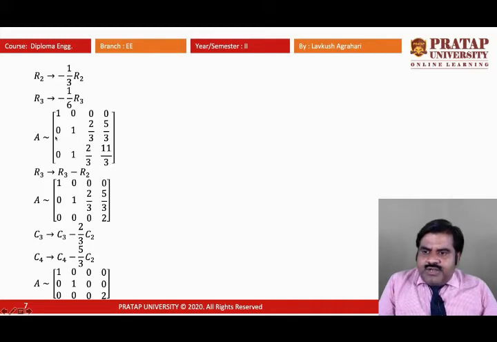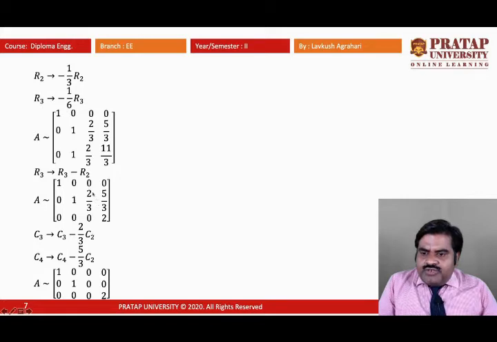So the second row becomes 0, 1, 2 upon 3, 5 upon 3, and the third row is 0, 1, 2 by 3, 11 by 3. We see that the second row and third row are almost equal. Now we subtract R3 from R2, and we get 0, 0, 0 and 2 in the third row.